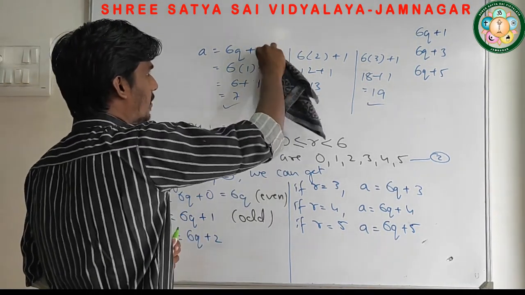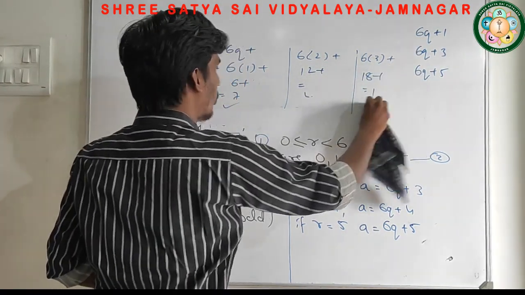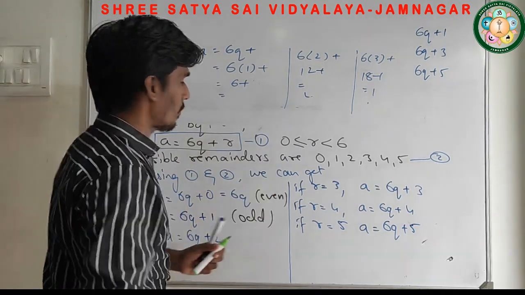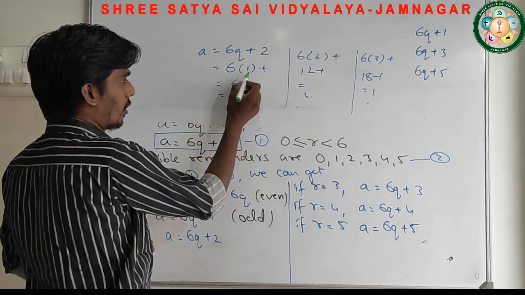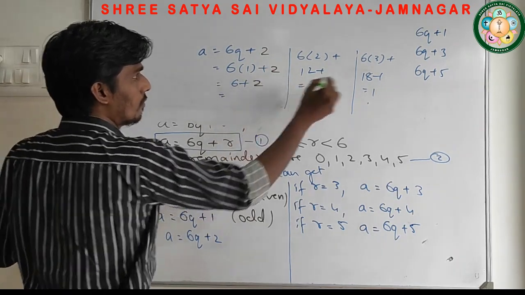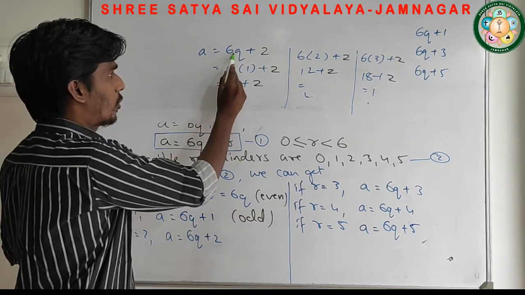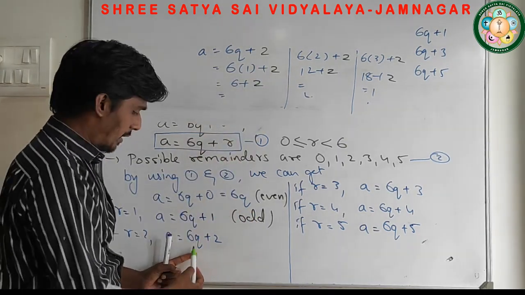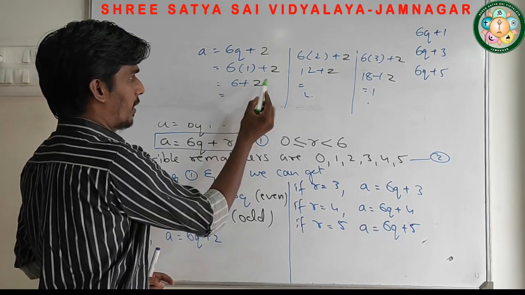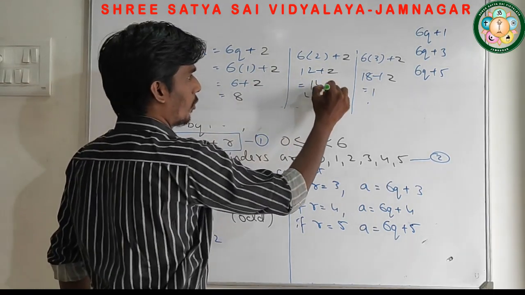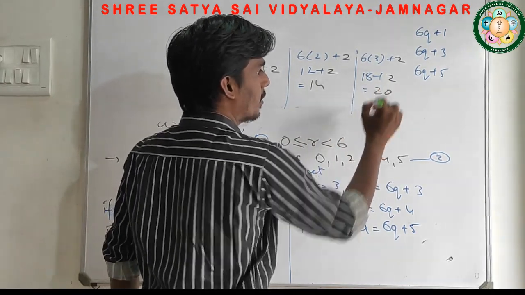Similarly, 6q plus 2. Now instead of this 1, what I am going to add here is 2. 6q plus 2. So instead of 1, here 2. Now 6q plus 2, third equation. 6 times 1 is 6 plus 2 is 8. It's 14. And here, 18 plus 2 is 20.